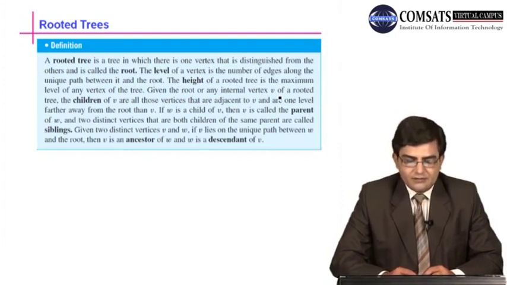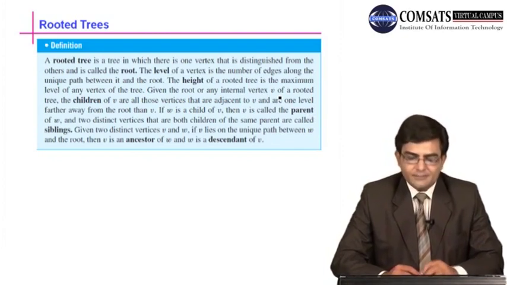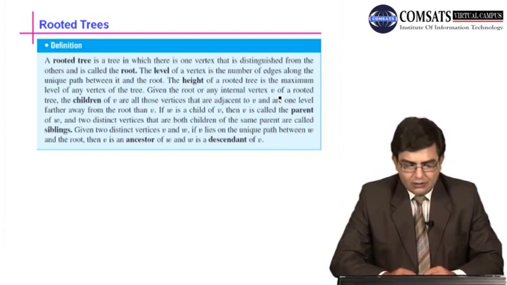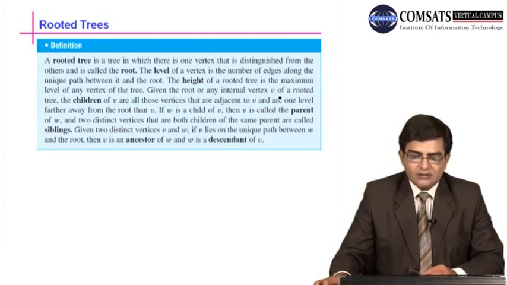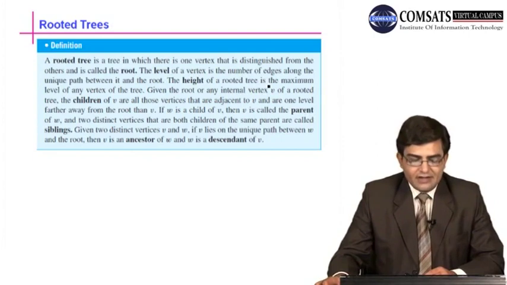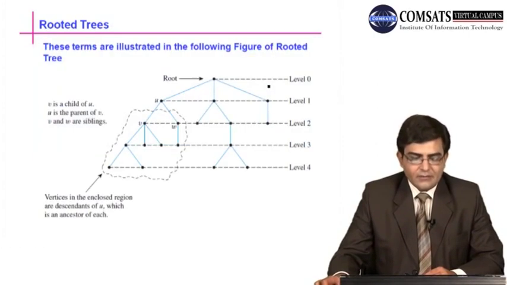Given two distinct vertices v and w, if v lies on the unique path between w and the root, then v is an ancestor of w and w is a descendant of v. So now let's discuss all these points which are given in the definition with the help of an example.